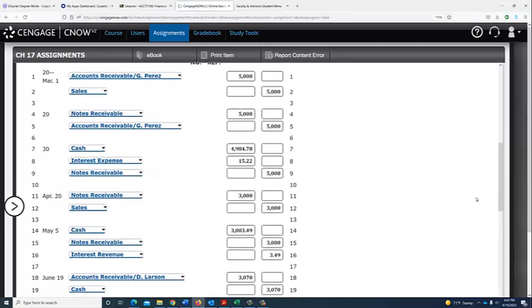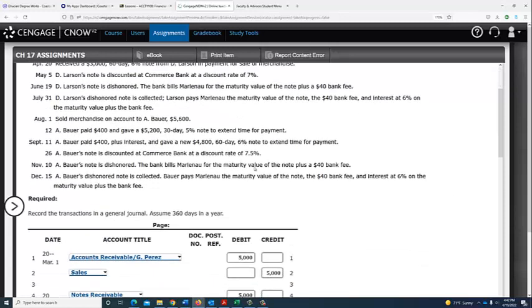Okay, then on the 26th of September, Bauer's note is discounted at Commerce Bank at a discount rate of 7.5%. Okay, so when we discount a note, remember step one is to calculate the maturity value. So we discounted a $4,800 note that had a 60-day term at 6%.